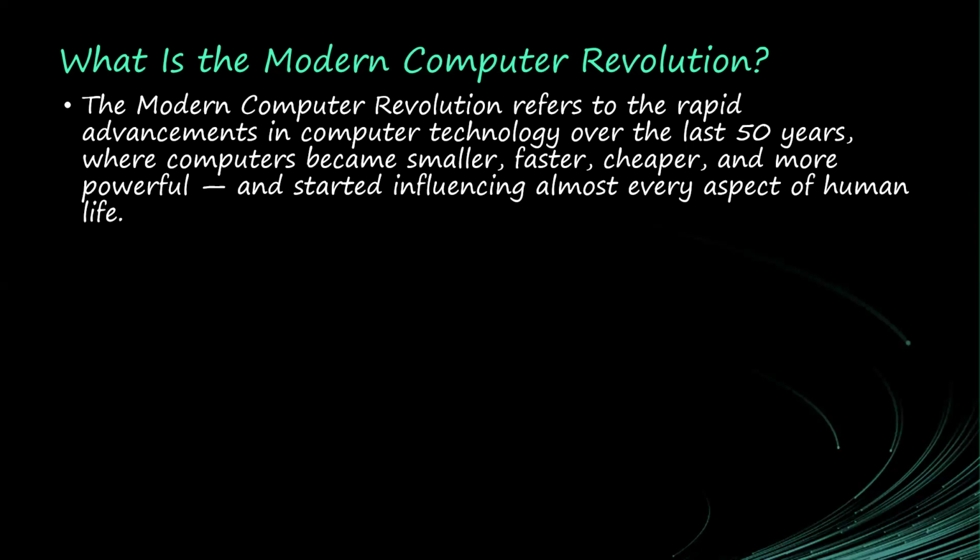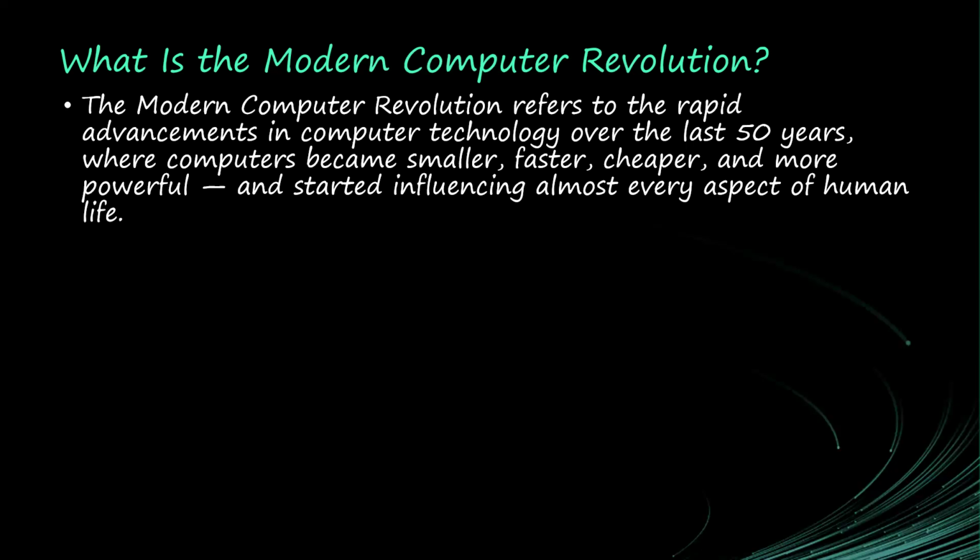We are looking at how computer technology has advanced over the last 50 years, where computers became smaller. These are the results of this advancement: computers became smaller, faster, cheaper and more powerful. They started influencing almost every aspect of human life.